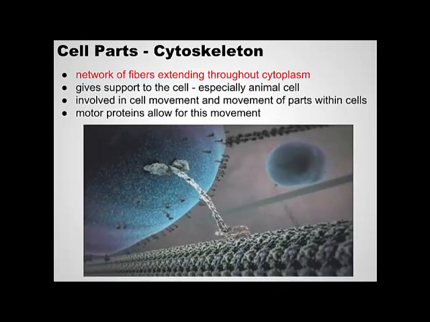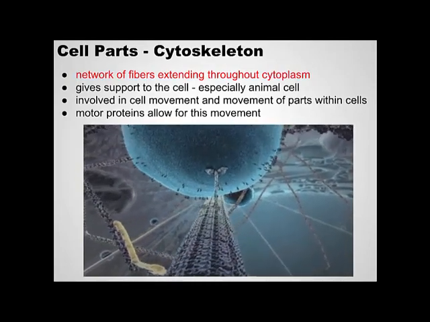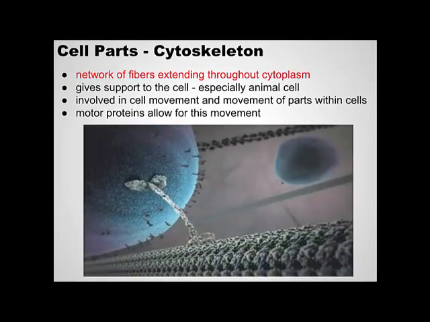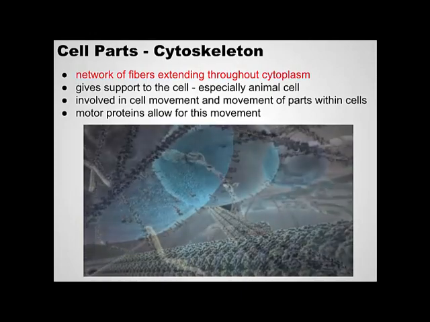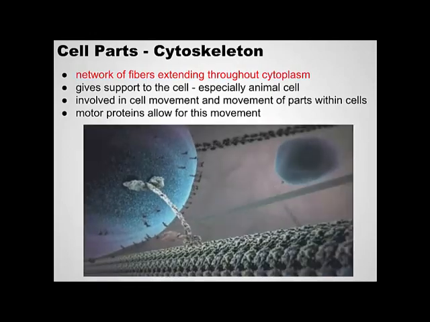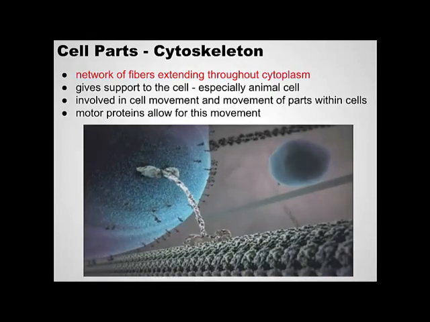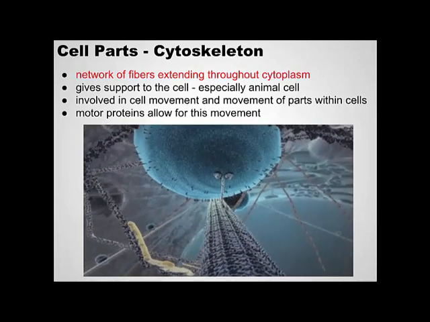It does a couple things. It's important for maintaining the shape of the cell in animal cells. Because animal cells have that flexible cell membrane, you might expect them just to turn into a flattened puddle or something. But they don't. They can maintain their shape because crisscrossing them are these fibers that hold them together and give them a definite shape.